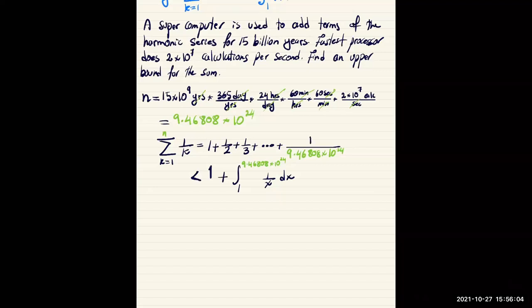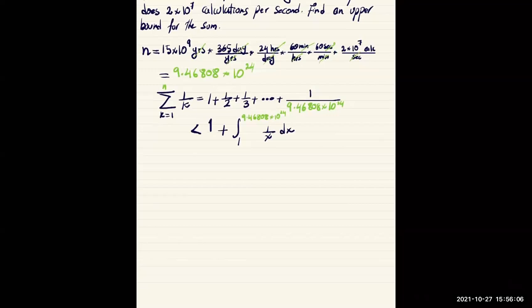Okay, so do the integral and add 1. We have 1 plus the integral of 1 over x, which is ln of absolute value of x, but here x is positive, so I'll just drop the absolute value. It's from 1 to that number. I'm just going to copy and paste that.